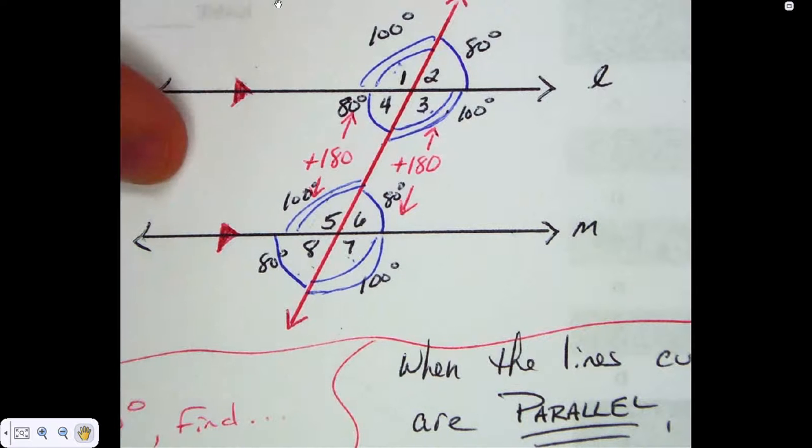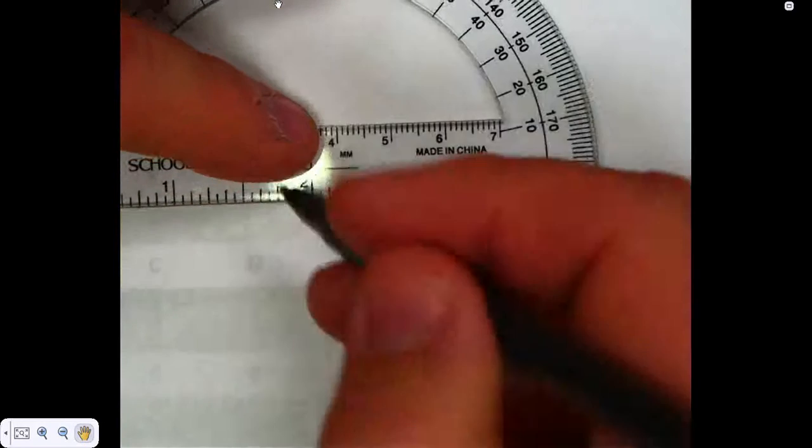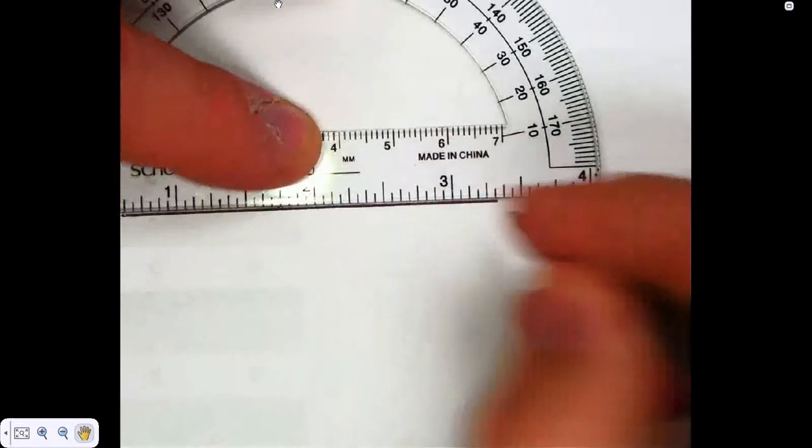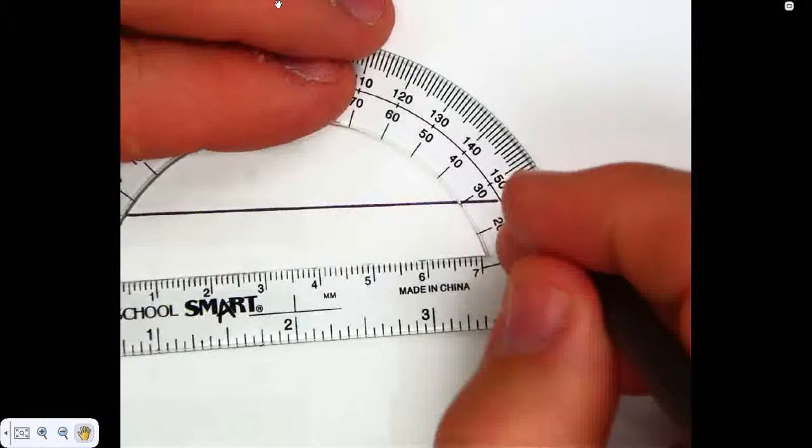Where they can make this somewhat complicated. And what you'll find, the basic ones like this are pretty easy. But you might have a problem like this.